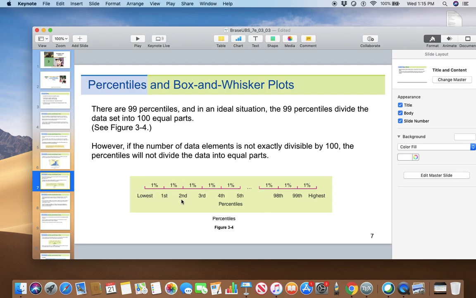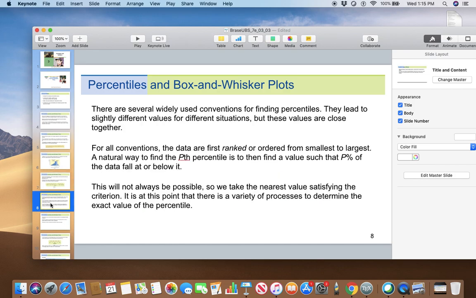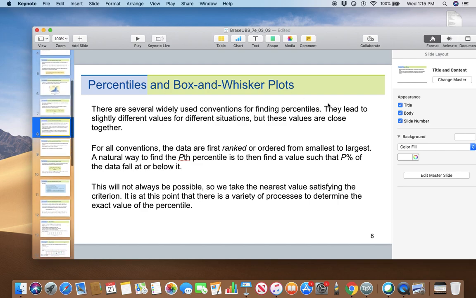There are 99 percentiles. One, first percentile, second, until the 99th, and there is the highest score versus lowest score. If the number of data elements is not exactly divisible by 100, the percentile will not divide the data into equal parts. There are several widely used conventions for finding percentiles. They lead to slightly different values for different situations, but these values are close together.